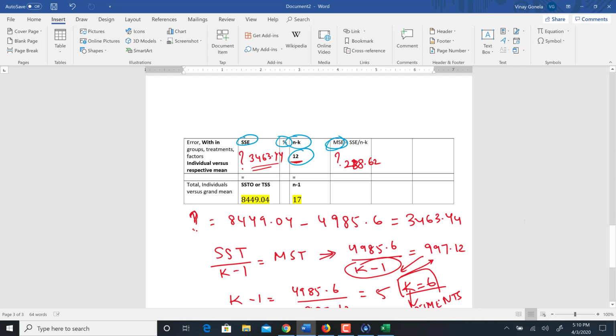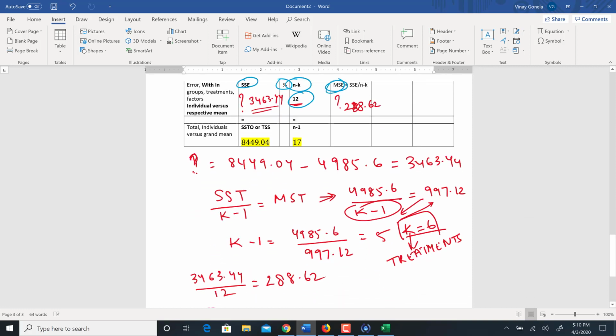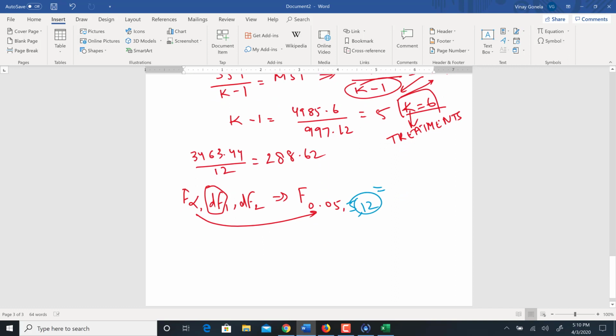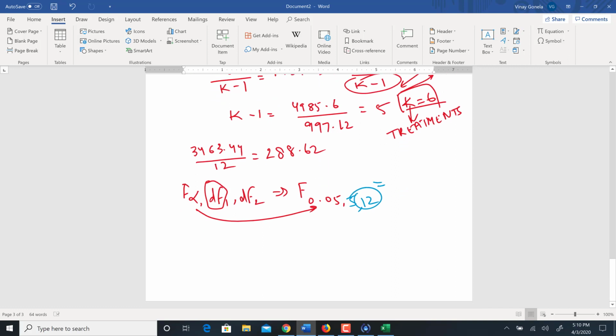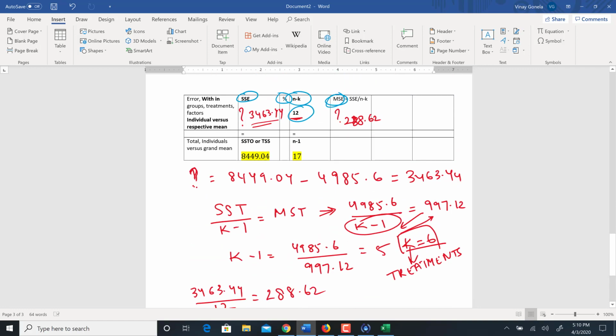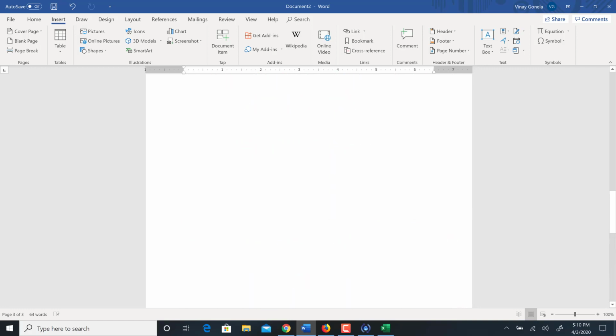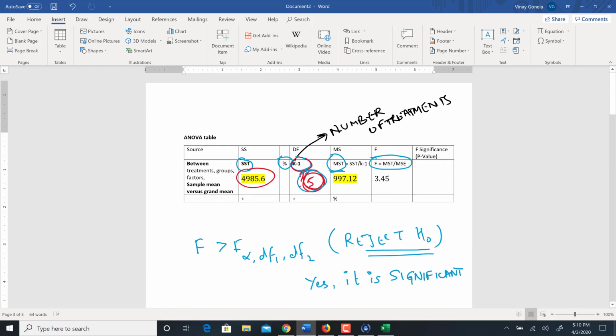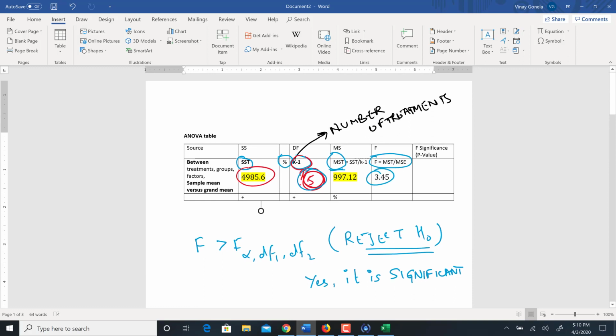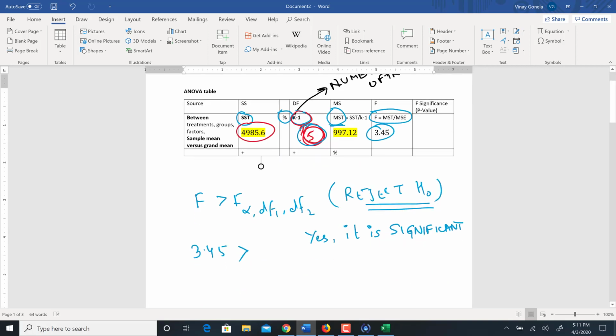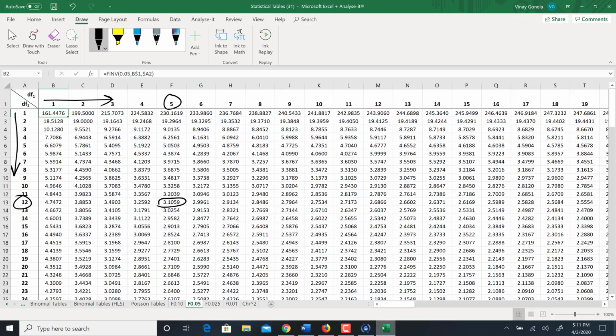Our F value is 3.45, and our critical value, which we looked at in this table, was 3.1059.